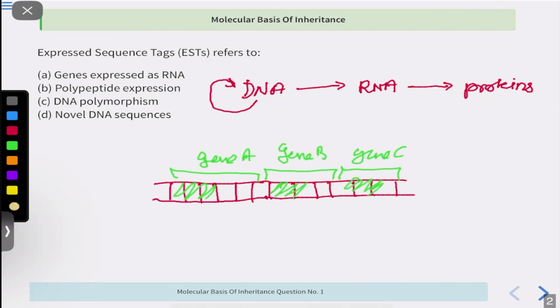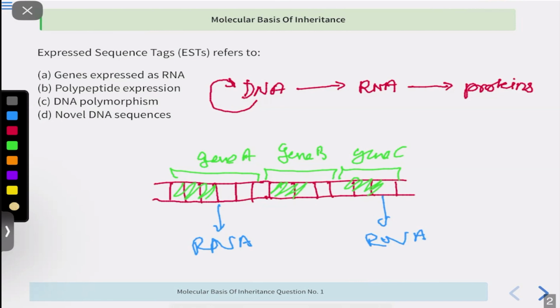The whole DNA itself is not expressed as RNA. All the genes are not expressed as RNA. Only some genes are able to form the RNA. Only some genes.